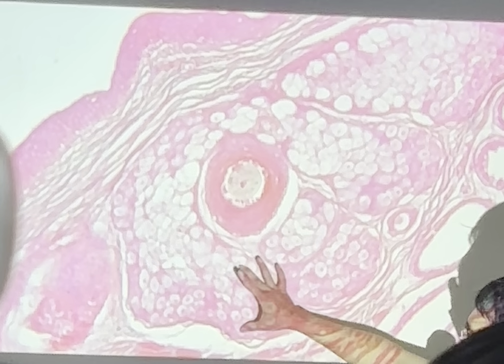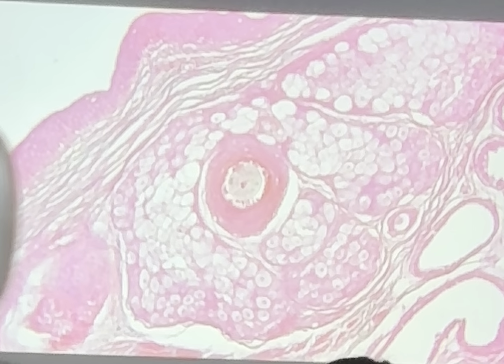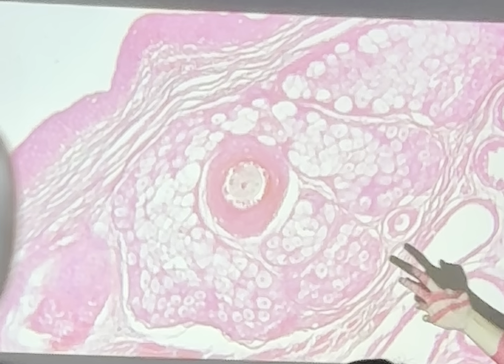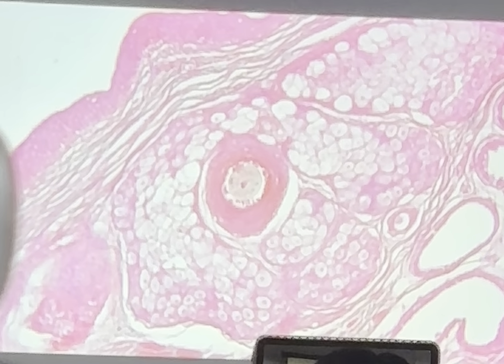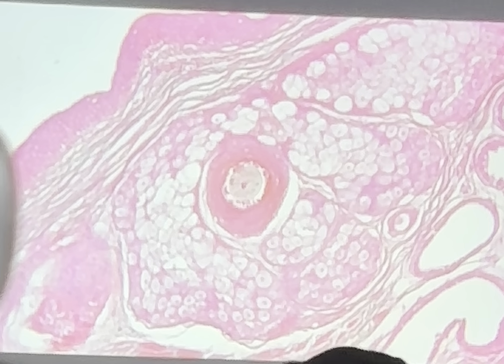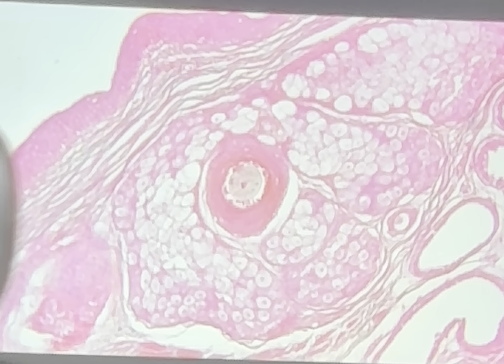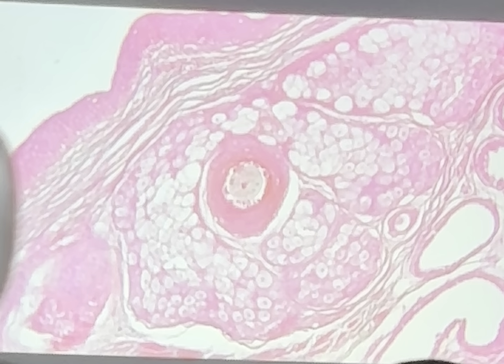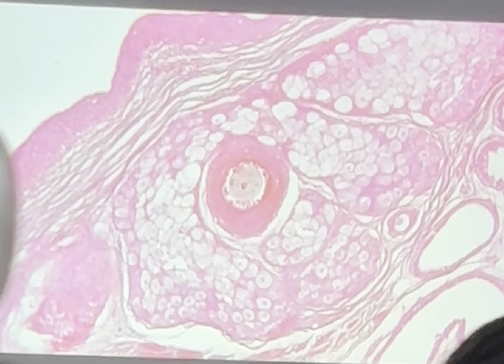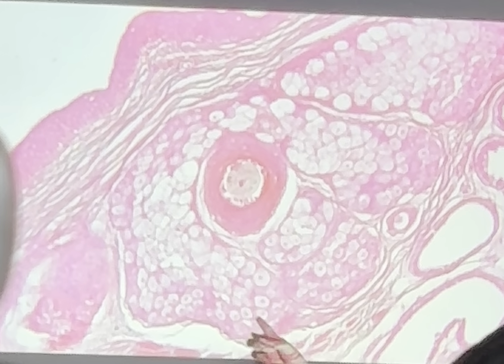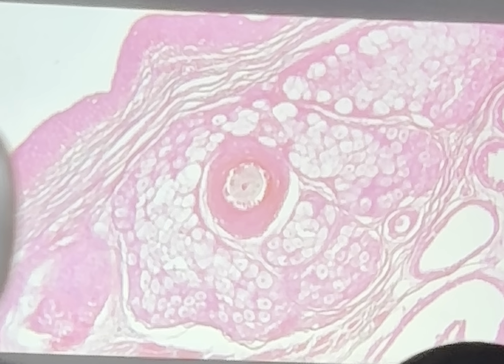And what's this? So first, what's this structure? Oh, you guys are funny. That's a hair follicle. Do you see hair follicle in a normal ovary? No. What are these? Sebaceous glands. We see a lot of interesting things that do not belong in an ovary.